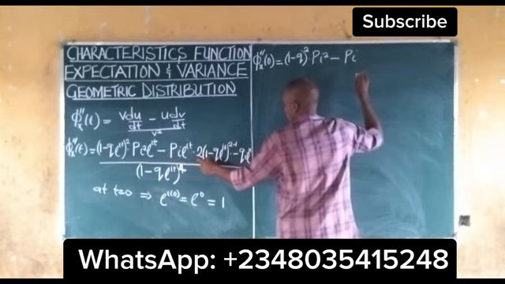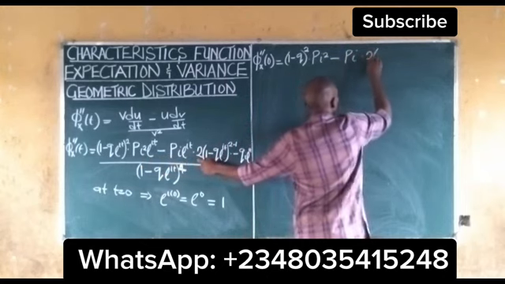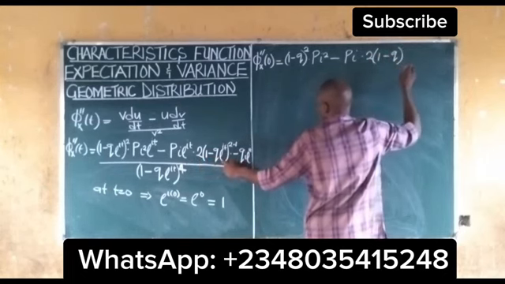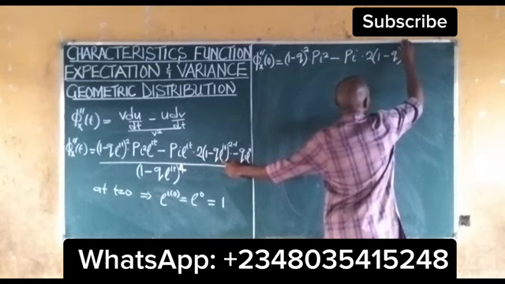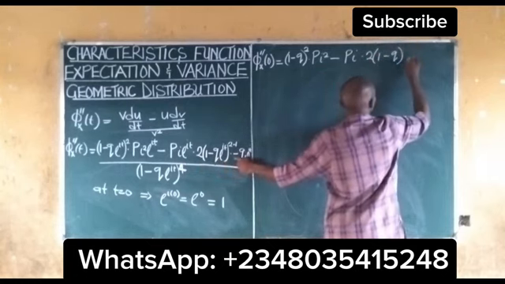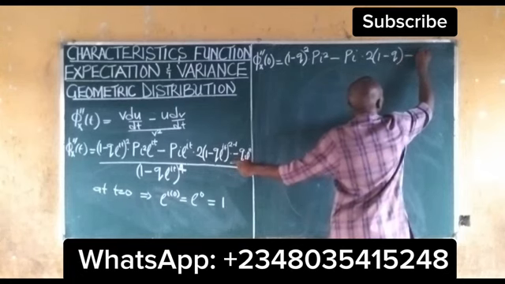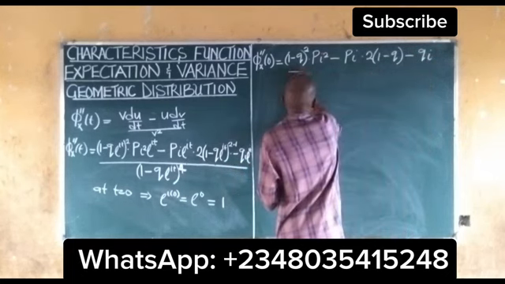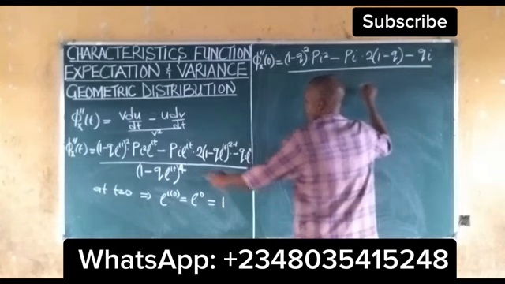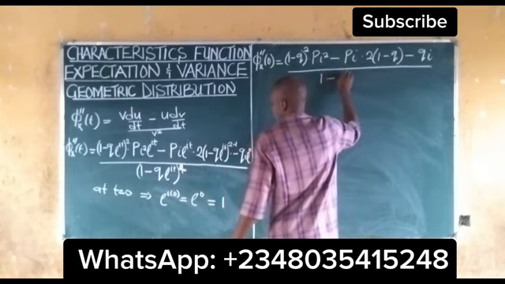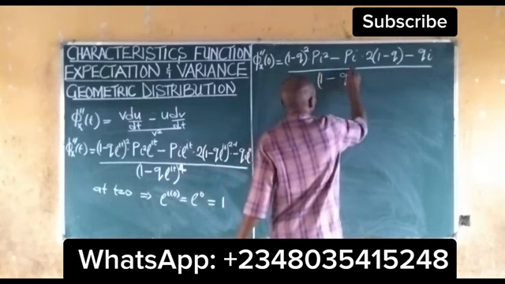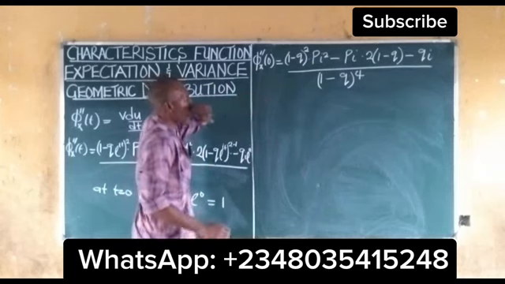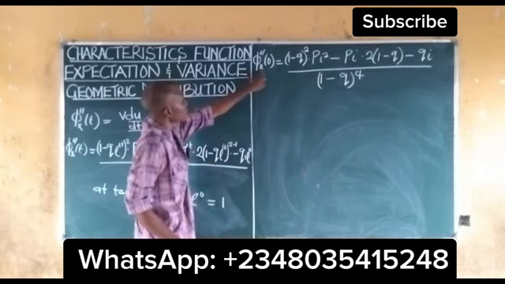This becomes 1 multiplied by 2 into 1 minus q. This becomes 1. 2 raised to the 2 minus 1 is 1. So that goes minus q i. This becomes 1 all over 1 minus q raised to the power of 4. So this is what we get at t is equal to 0.